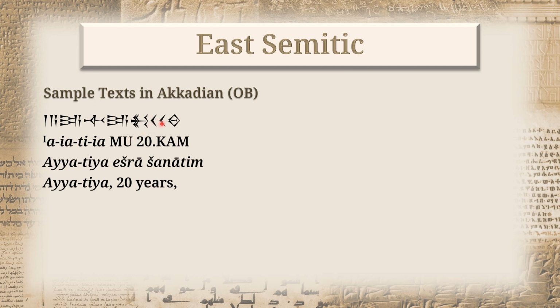Then we have 2 wedges, each one is 10, so the 2 of them are 20, and kam is some kind of number marker which follows numbers. So mu, 20, kam, in Akkadian this is Eshra Shanatim, 20 years. So in the lifetime of Ayatia, 20 years, which I think means when she was 20 years old.